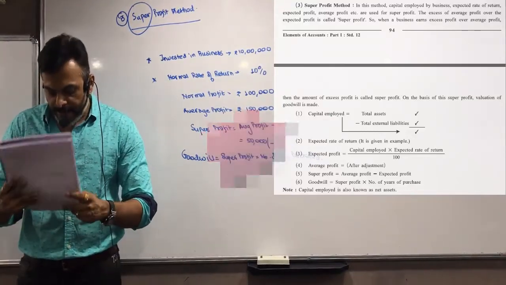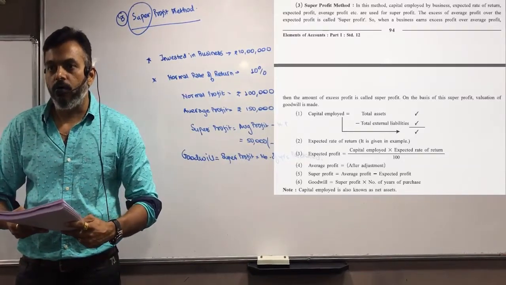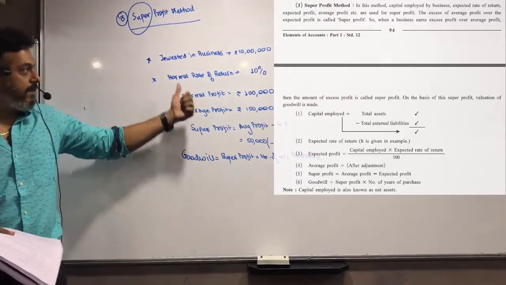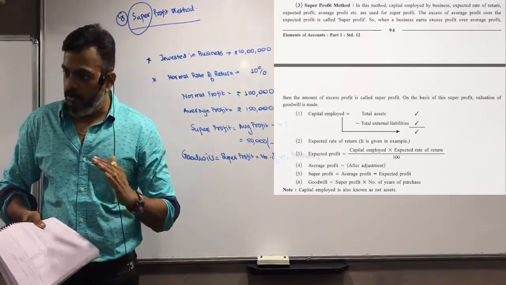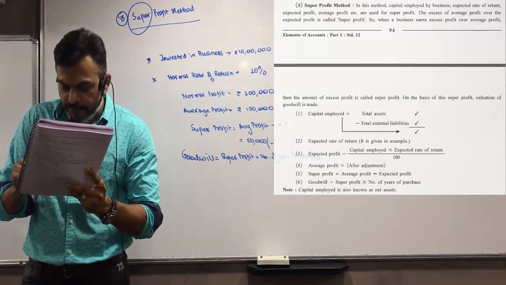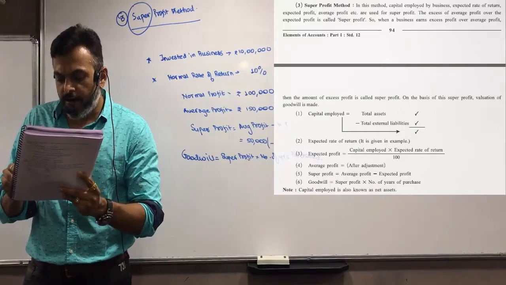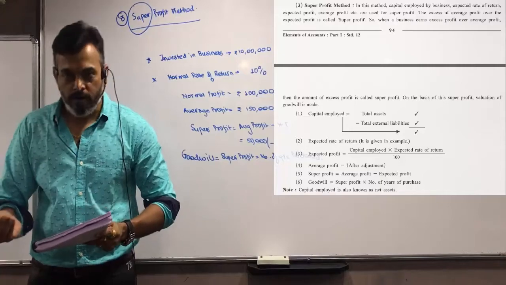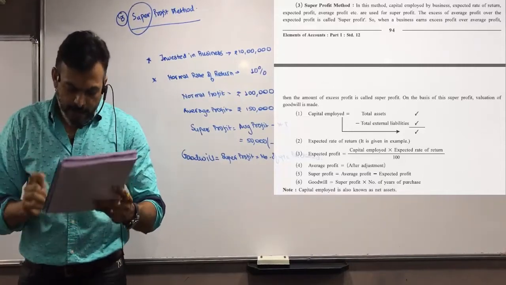Now, capital employed by the business, expected rate of return. Now, what is expected rate of return? Can I say normal rate of return is expected rate of return? Understood this? So, you can write expected rate of return is normal rate of return. Why I'm using the word normal is because we have the method name super, so you will know what is super and what is normal.